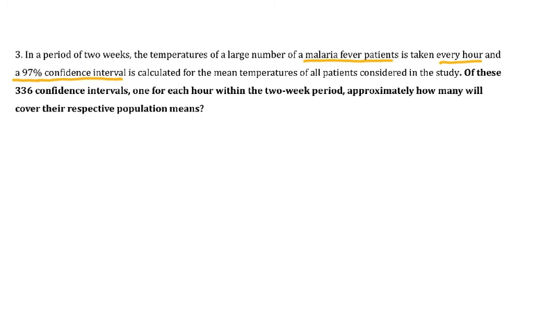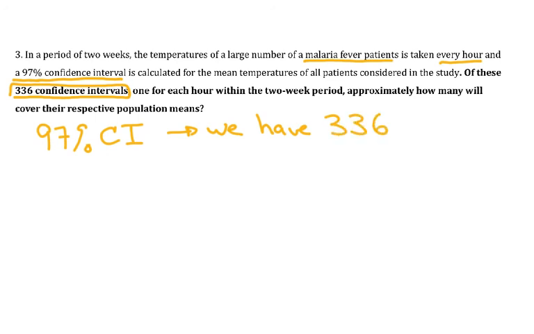So they did this for 2 weeks and they calculated 336 confidence intervals. So we have 336 of these, and they're all the same confidence level, the same number of people.